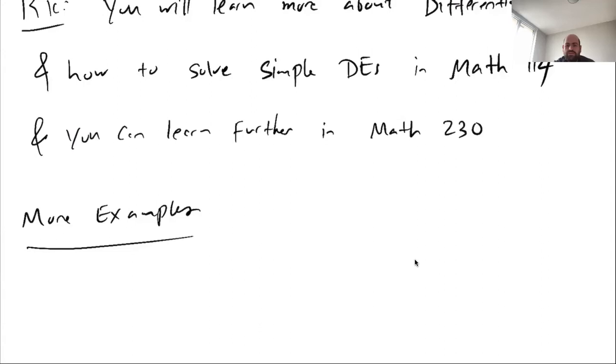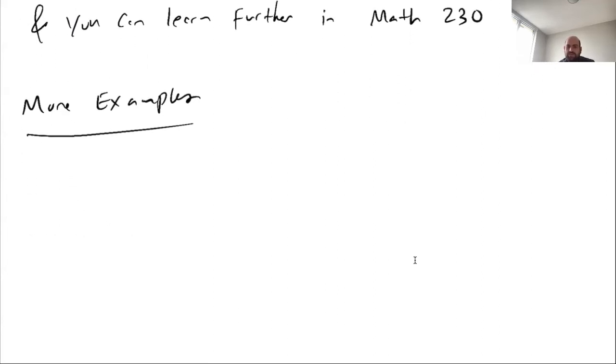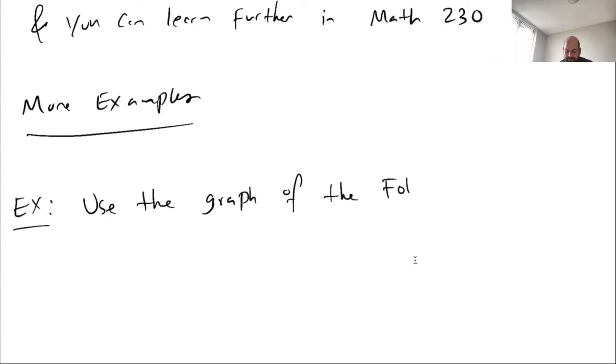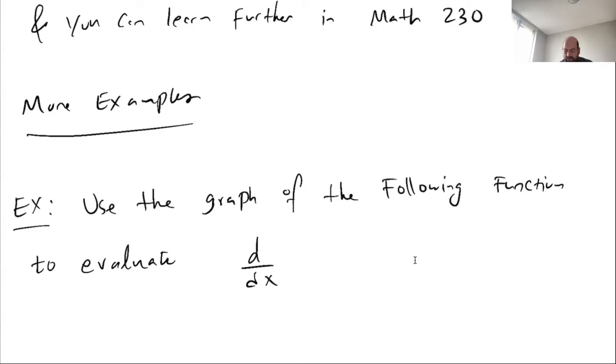Let's see. Example: use the graph of the following function to evaluate d/dx of the square root of x plus f of x at x equals -1.